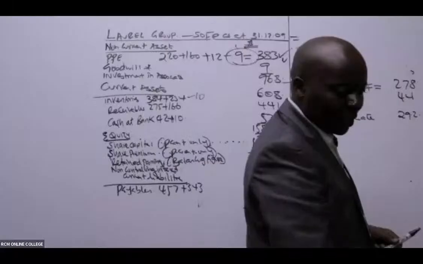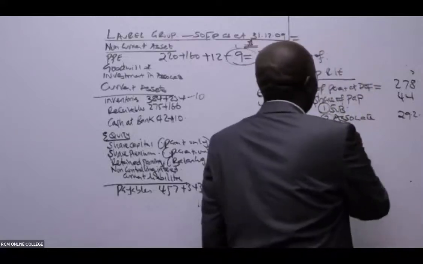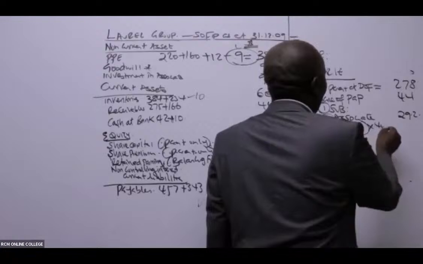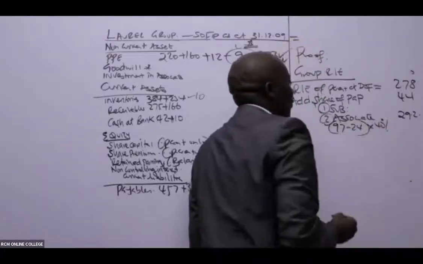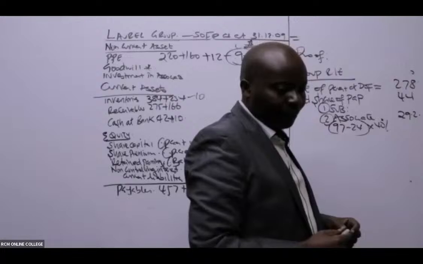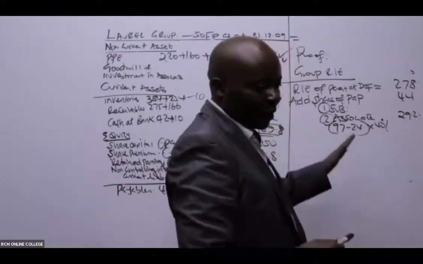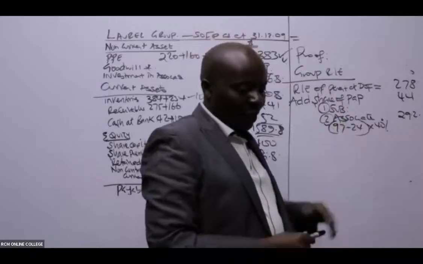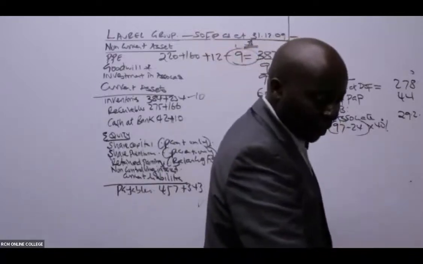So 97 minus 24, and then 40% of that. So is this correct? Please confirm now. Is this correct, 29.2?